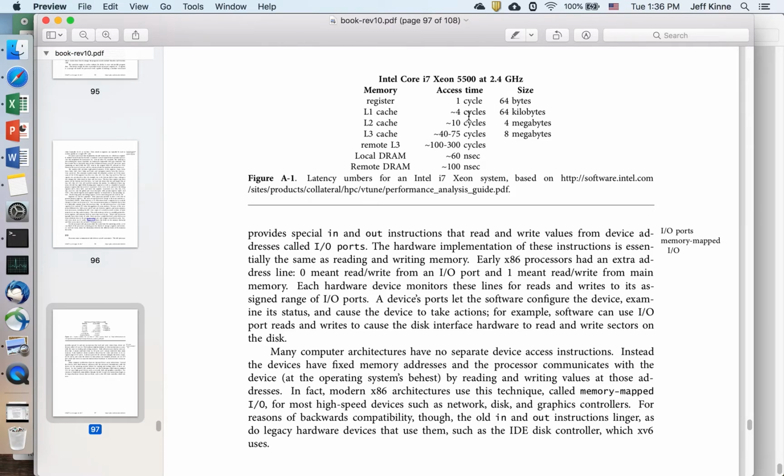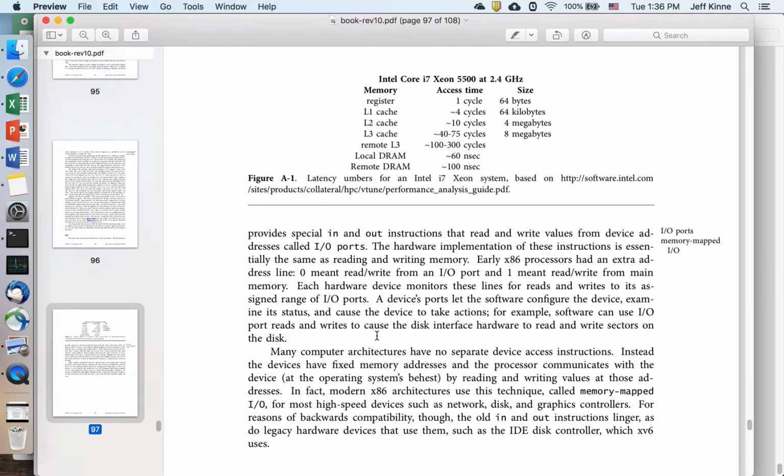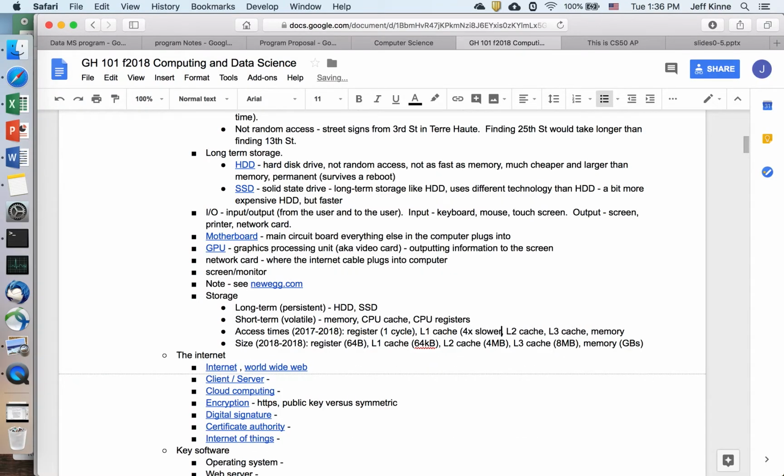The L1 cache is 4 times slower. The L2 cache is another 2.5 times slower than the L1 cache. And then we have L3, which is, say, 5 times slower than L2. And then you get to memory, which is slower still. So let's put this as 1 cycle, and instead of saying 4 cycles, it's 4x slower than register.